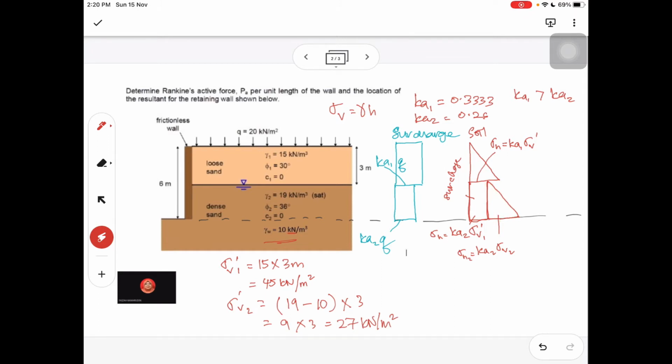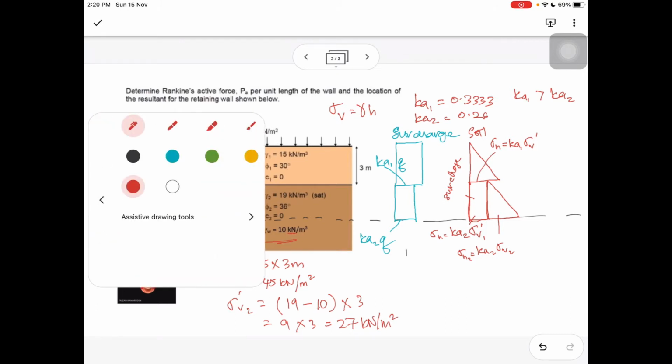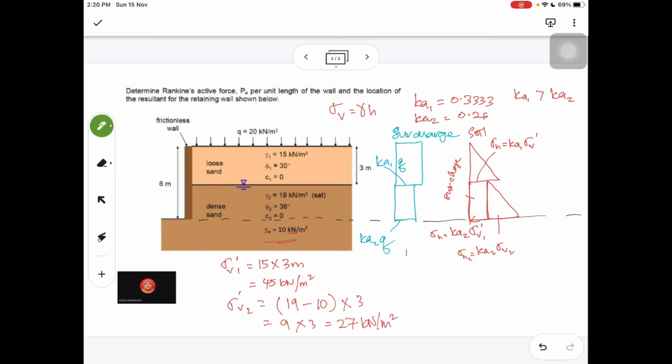Okay, then the next one is about the water table. Water also contributes to the lateral earth pressure. So this is for water, because water doesn't have a K value, since sigma H and sigma V of the water are always equal.